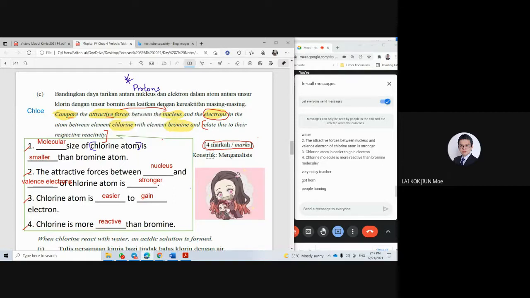Because we never say anything about proton, you see, our answer doesn't have proton, right? So the answer goes directly to the size already. So for safety, maybe you want a more specific, more detailed answer before the molecule size. Can Chloe add one more sentence? Why was the chlorine smaller than bromine?